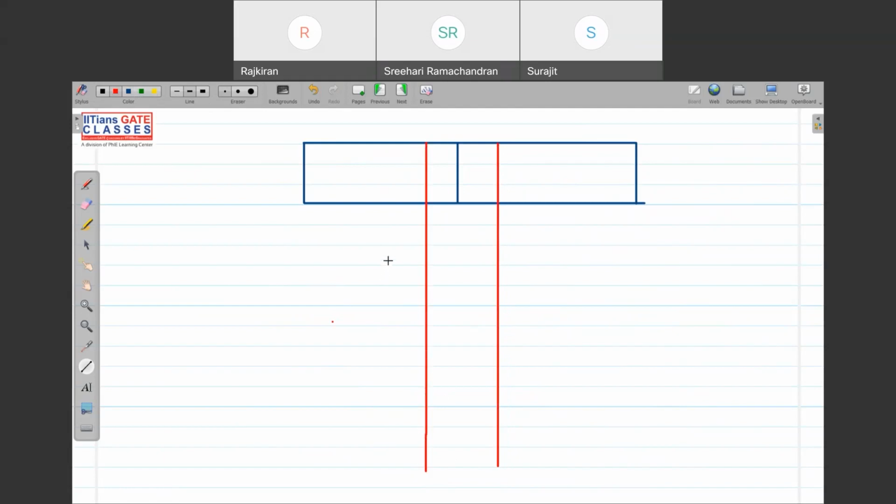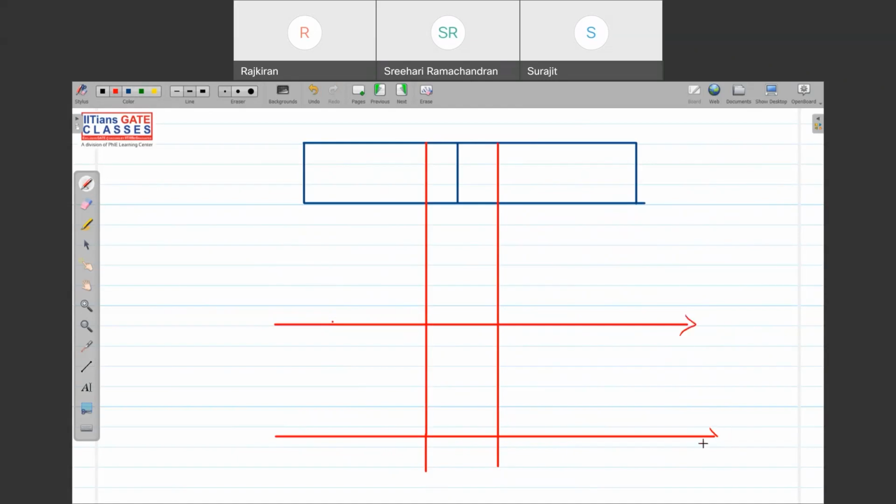Okay. So if I want to draw, this is a P plus N junction. If I want to draw the electron and hole concentration, this value I know, right? What is this value?